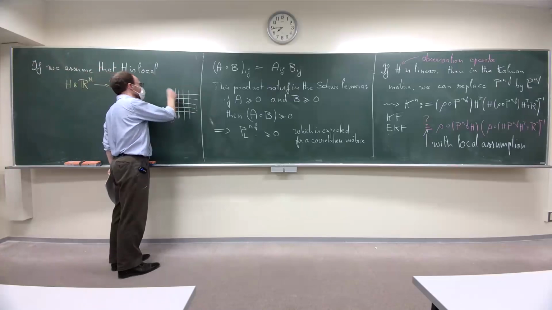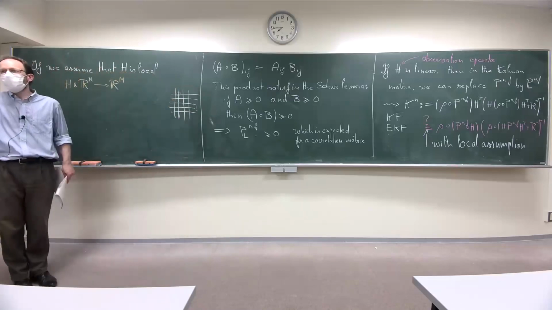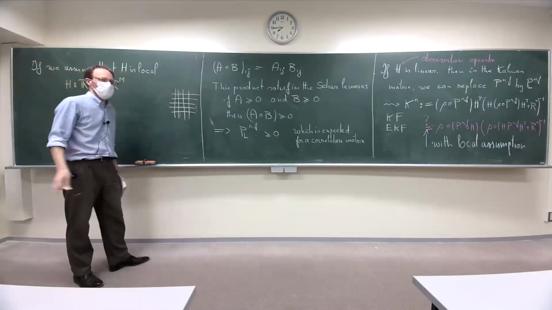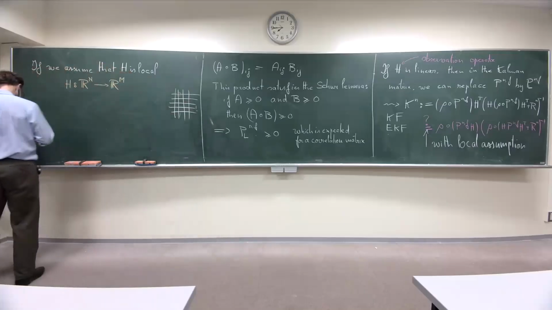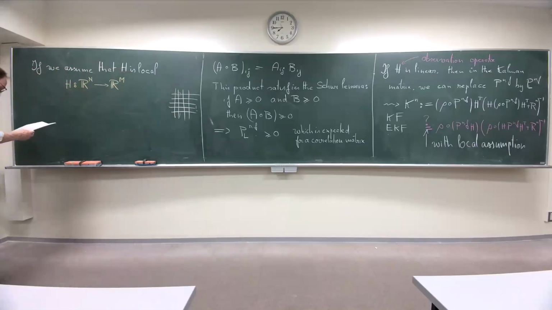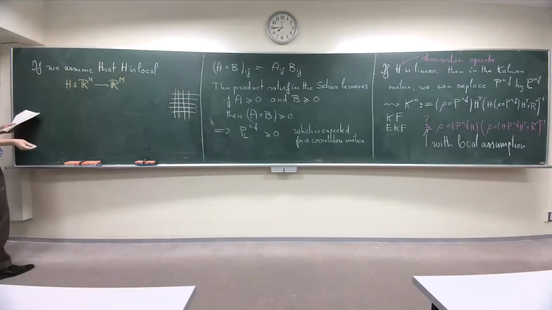I mean it's going to take local information and send it to something around this point again. It's not going to mix everything. So let me be more precise. If H is local, we can go one more step. I will give a definition.